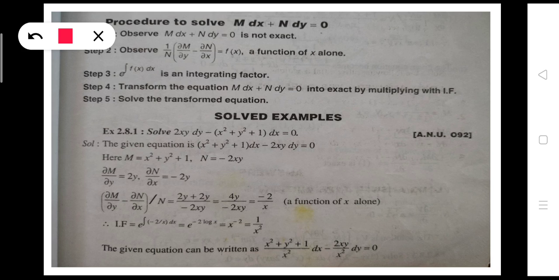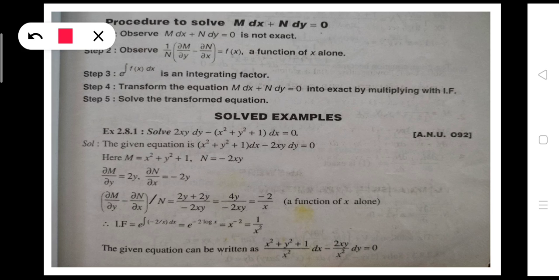First we need to find dou M by dou y and dou N by dou x. Here M is less than N, because M has only one term and N has 3 terms. Under this condition, we can use 1 by N into dou M by dou y minus dou N by dou x is equal to f of x.